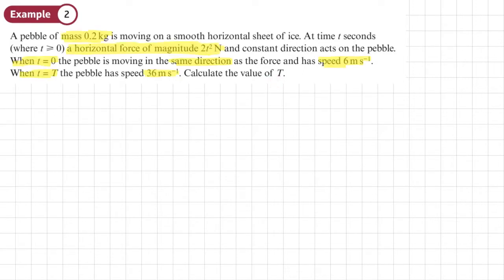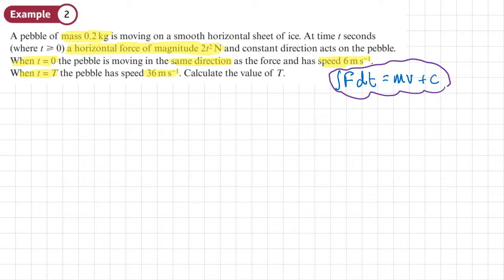So I've highlighted some bits of information, but again on this question, the force is a function of time. So I will use the integral of the force integrated with respect to time is equal to mv plus my constant of integration. So let's start.